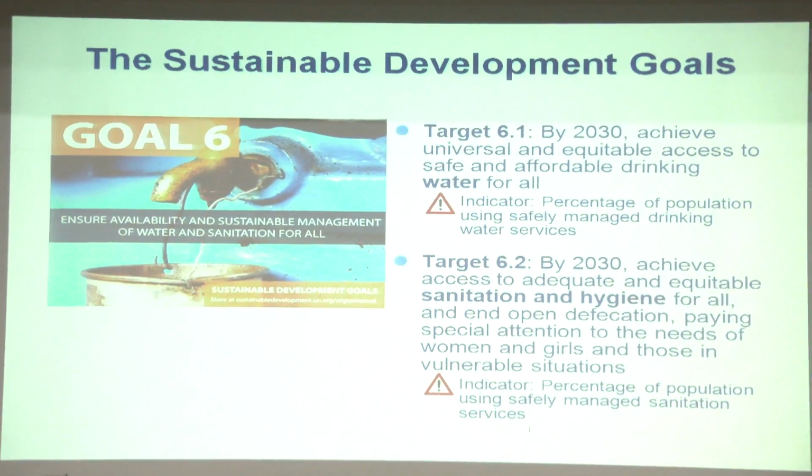And again, here the idea is that NTDs will be used as sort of a tracer or a proxy for equity in the progress made towards these goals, so that coverage with water and sanitation will be measured in districts that are endemic for NTDs, to make sure that these communities are targeted first for the provision of safer water and sanitation.